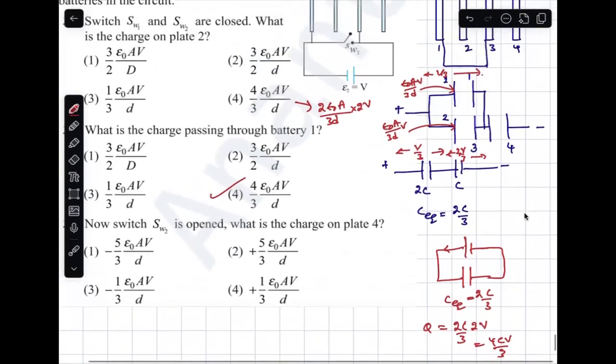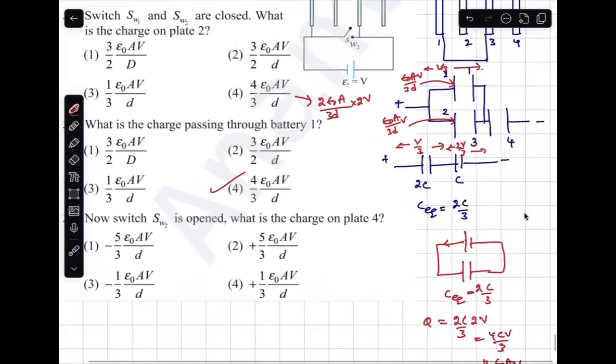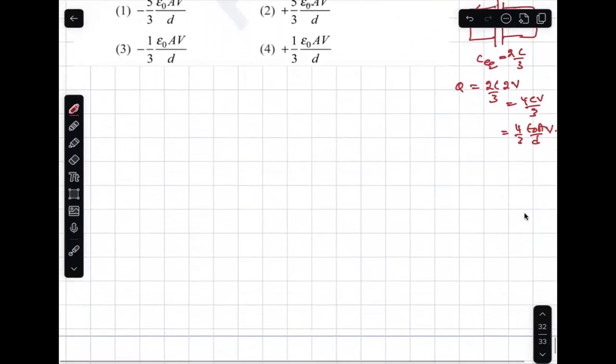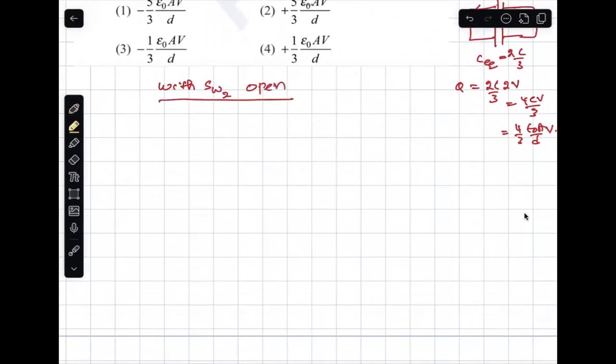Now SW2 is opened. When you open SW2, the circuit is different again. With SW2 open, what is going to be the circuit?